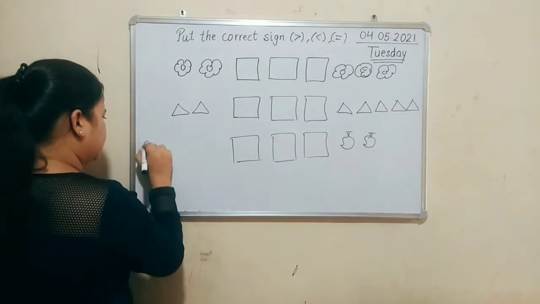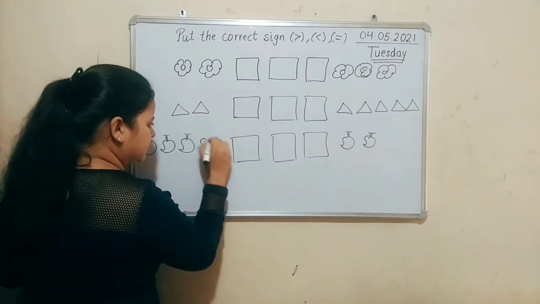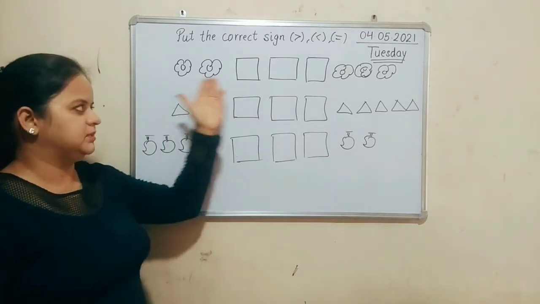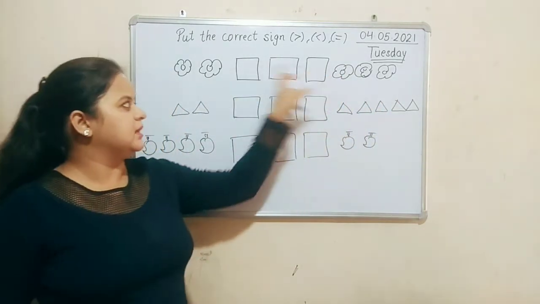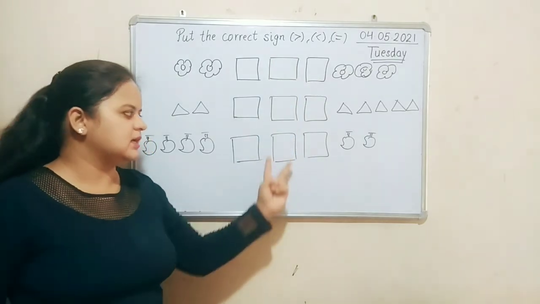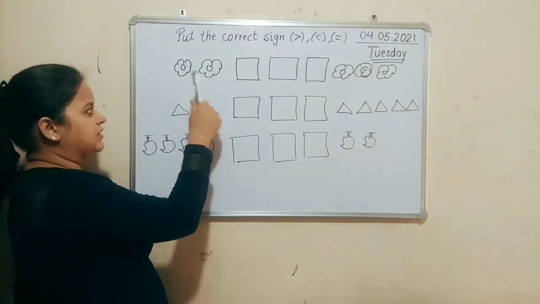Can you guess what we are doing? Yes. Now we will count the objects and write the number in the boxes, and after that we will do the comparison here. Okay.